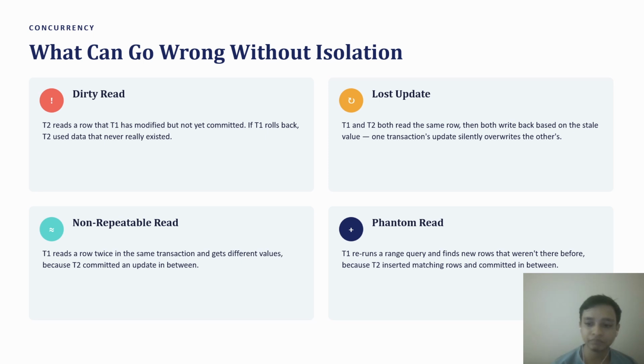For example, take the same example of transferring 20 rupees from my account to another. If 20 rupees is deducted from my account, it remains at 80. Then, for example, another transaction reaches my account and says, Tushar's account has 80 rupees.